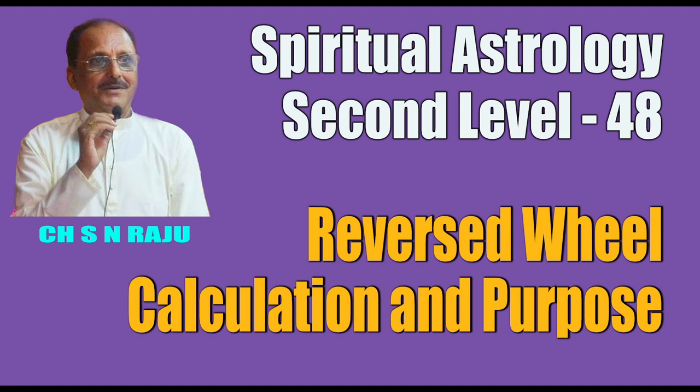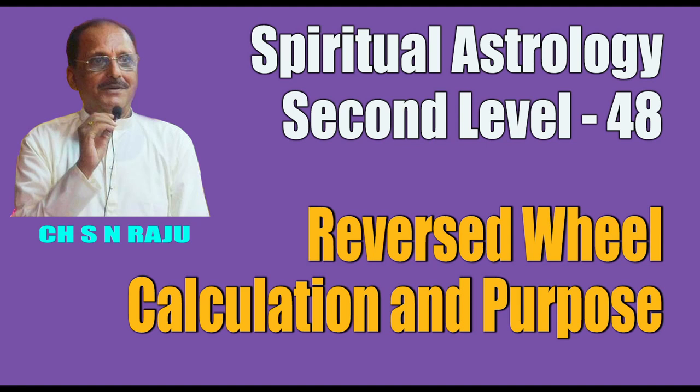But if I am right, softwares are now available to calculate the progression in the clockwise direction. I don't know whether any software in the market can also calculate in the anti-clockwise direction. Please find out, and it will be very useful to you if you can. Otherwise, calculate by yourself manually.